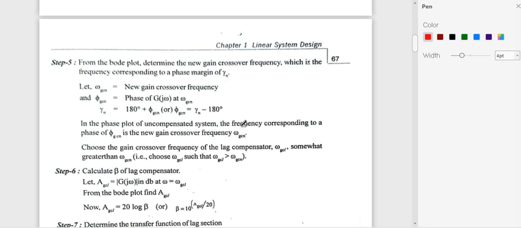For example, if we got phi GCn equal to minus 135 degrees and the corresponding omega GCn is 2.6 radian per second, in the lag compensator we move forward with 2.6, but here we choose omega GCL somewhat greater than omega GCn. For example, if omega GCn is 2.6, we choose omega GCL as 4.